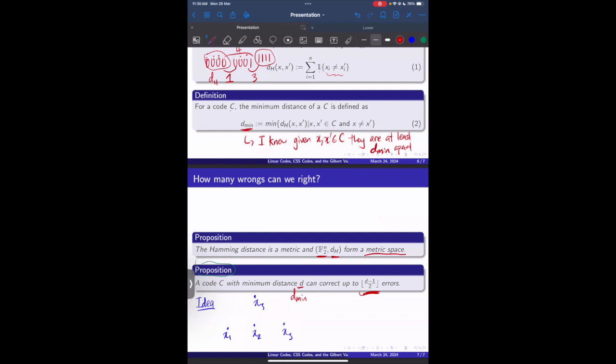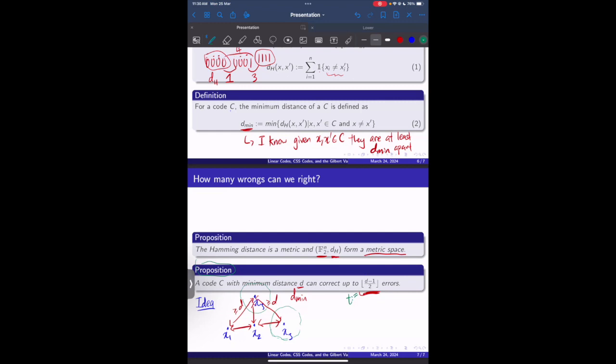We know that because the minimum distance is at least d, all these guys will be at least d apart from each other. And we know that because there's up to (d minus 1) over 2 errors, we'll call this t, we can draw t-balls around each of the points.